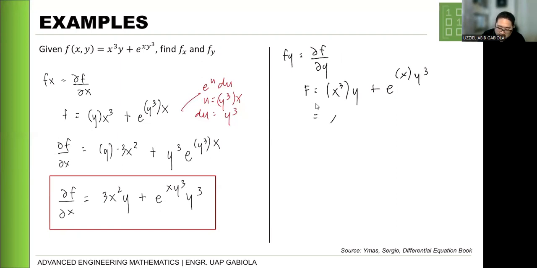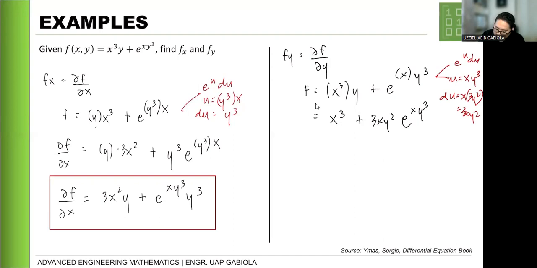So x cube plus, again, this is e^u du. So e^u du tayo. So yung u natin dito is xy cube and then du is equals to 3xy squared. So this will be 3xy squared tapos e^(xy cube).